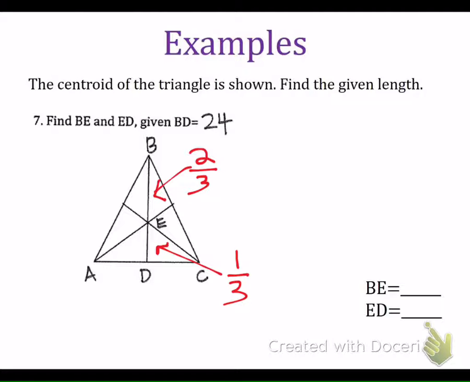Add this to your notes since you guys were missing that picture of the centroid on the last one. That's basically what you need to know. So to find DE, I am going to do 2/3 times 24. To find ED, I'm going to do 1/3 times 24.